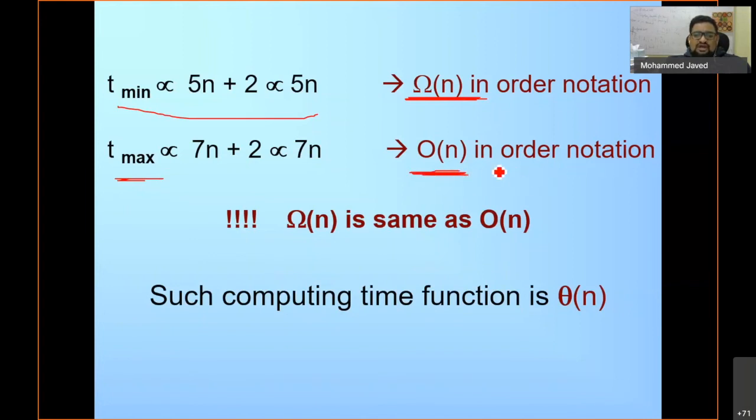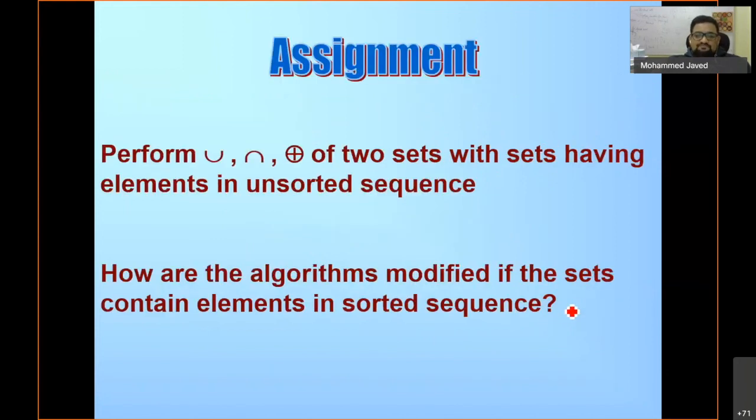Since omega of n is the same as big O of n, such a computing time is called theta n. So this function is theta n.